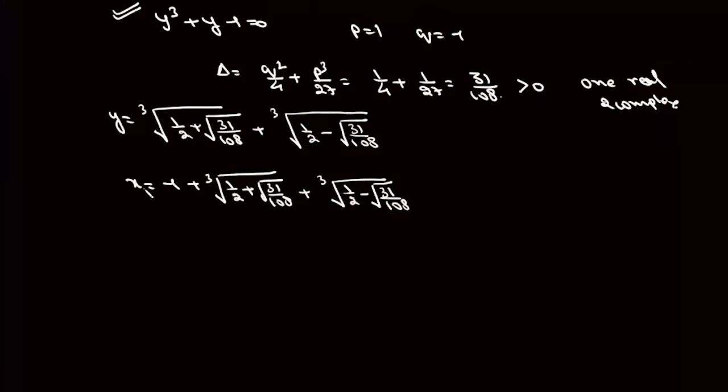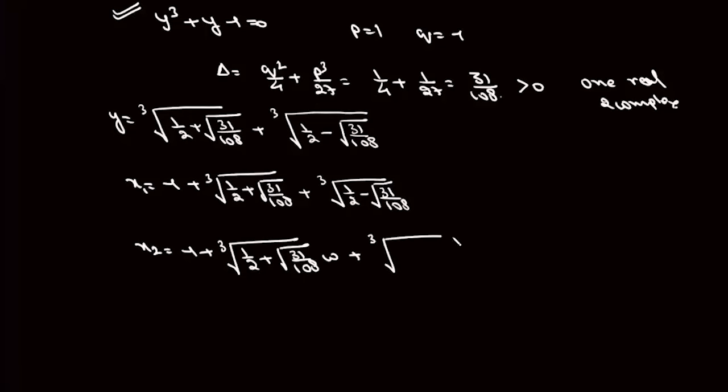Now we can write the other two roots also. The other two roots will be minus 1 plus cube root of 1 by 2 plus under root of 31 by 108 times omega, plus cube root of 1 by 2 minus under root of 31 by 108 times omega square.